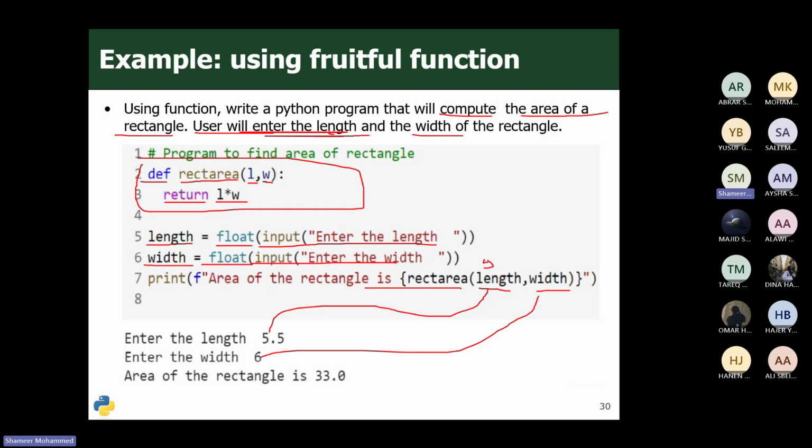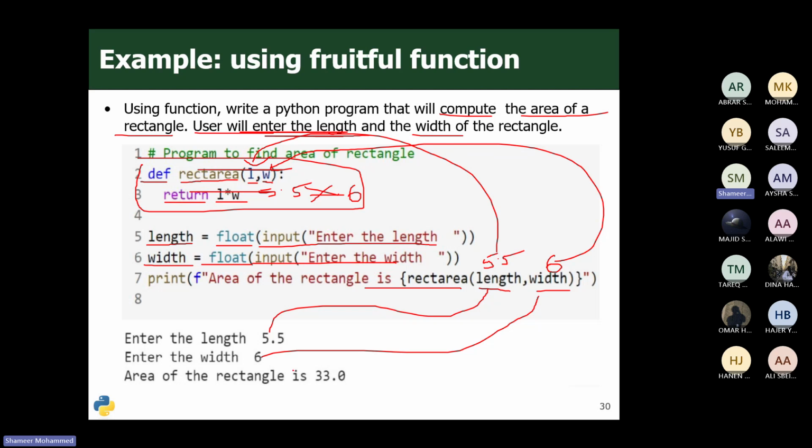Okay, 5.5 here. This is 6. Now this is going here. This is going here. Right? But here multiply. So 5.5 multiplied by 6.